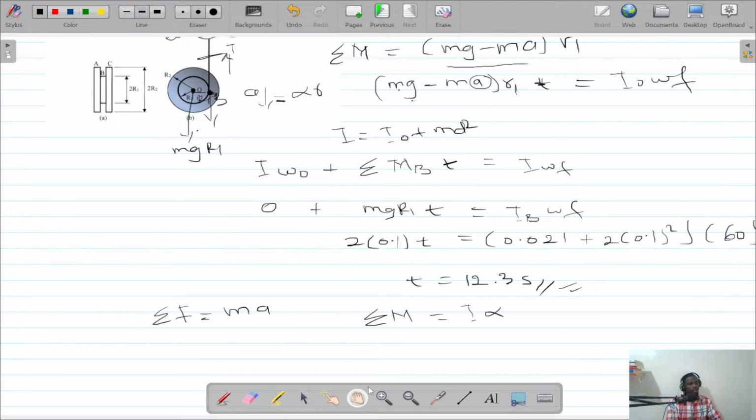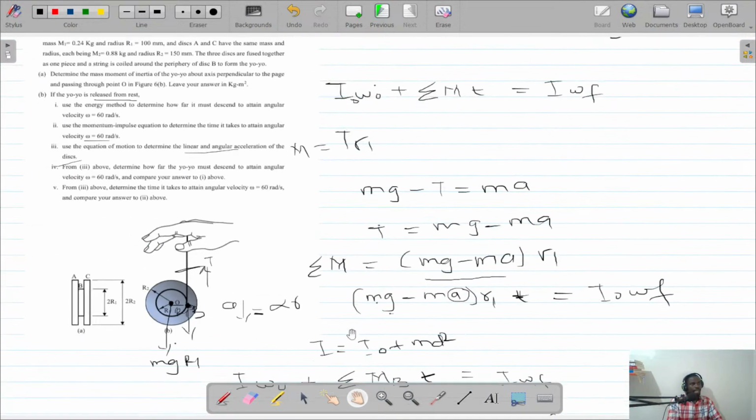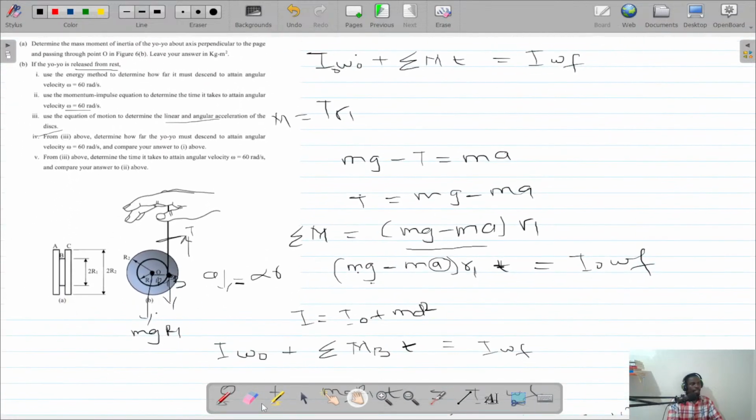Sum of forces, I think I did it earlier over here. So the free body diagram: we have upward the tension, and you have the weight, and then you can take moment at any point, right? So you can take moment at this point or at the center here.